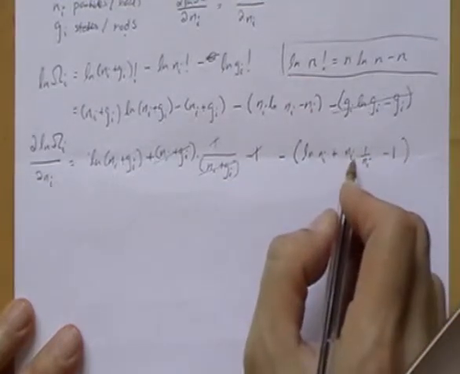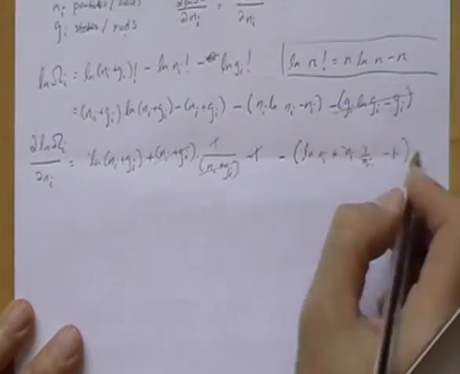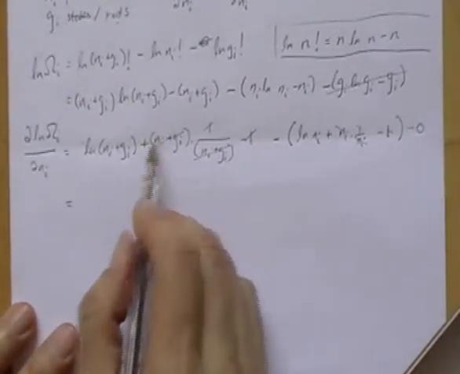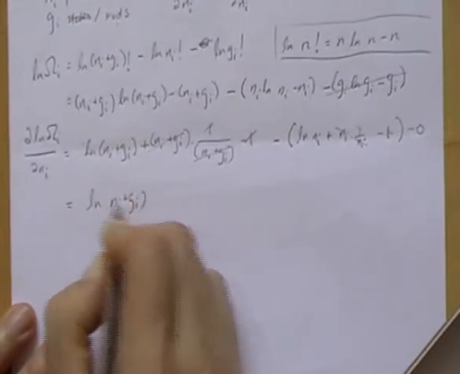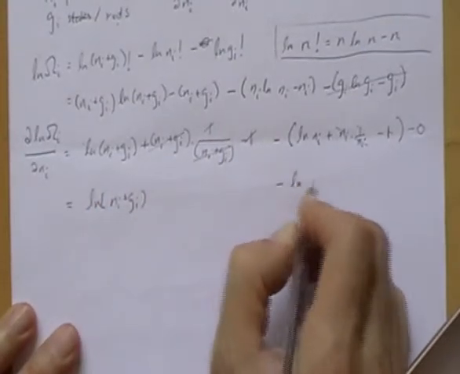So that cancels, and you're left with that, and that differentiates to 0. Okay, that wasn't so bad. Let's simplify. So I have this, those are gone, and then I have that, those are gone.